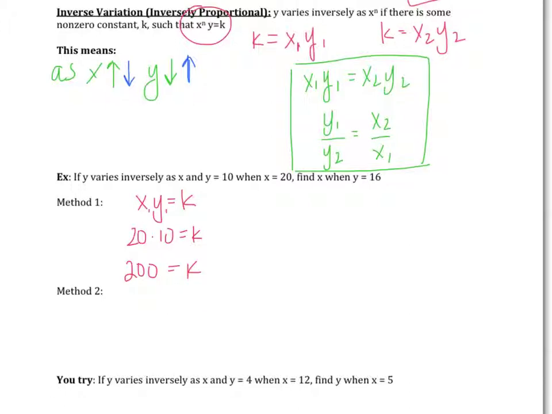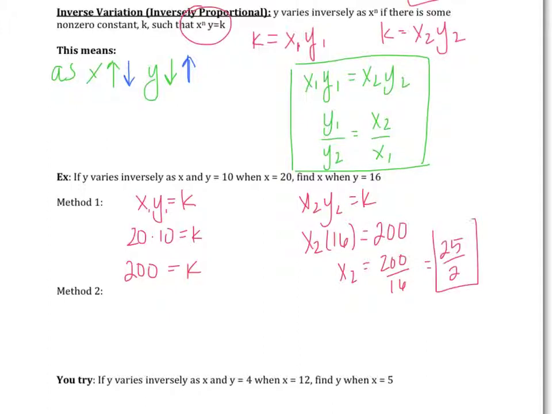Now I can use that k in my second equation, x2 y2 equals k. I know my y2 is 16, I'm looking for my x2. So just plugging in what I know, k is 200. Divide both sides by 16, and x is going to be 200 over 16. When I reduce that, that's 25 over 2.